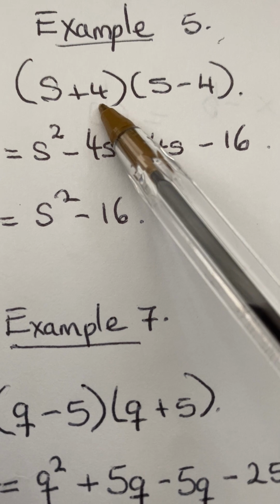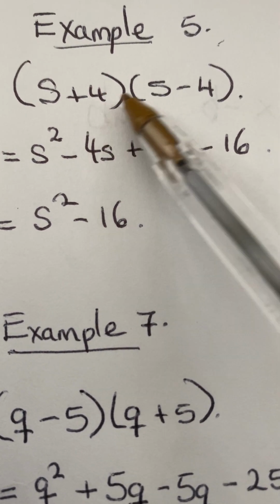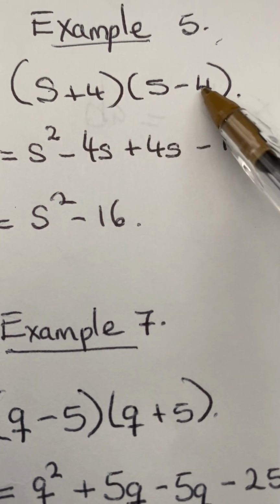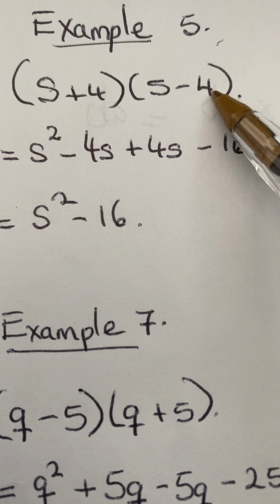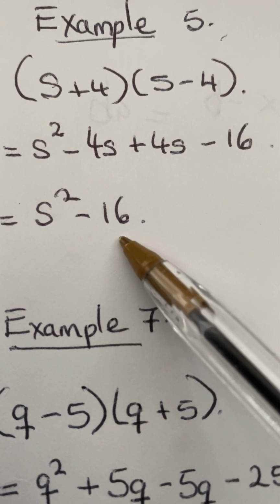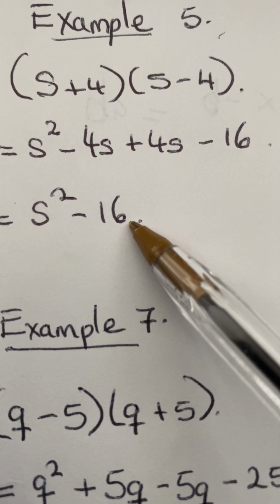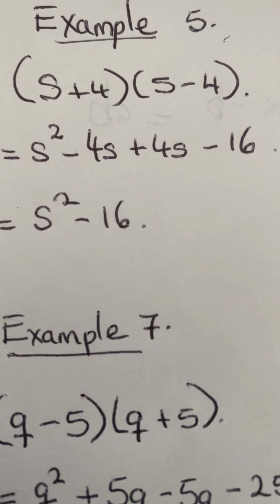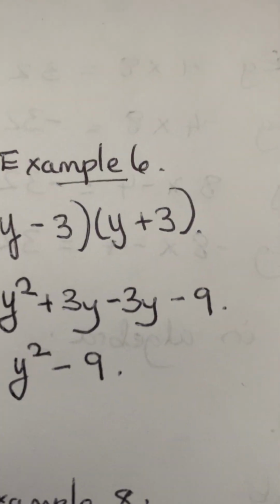In the beginning I said the square root of 16 is 4, or 4 times 4 is 16. Look at what we have and look at the answer we arrived at: x squared minus 16. After doing these examples, I will explain to you.